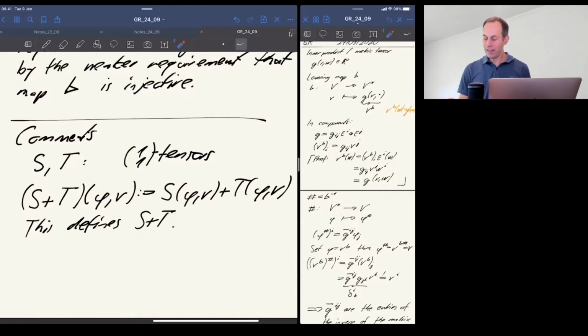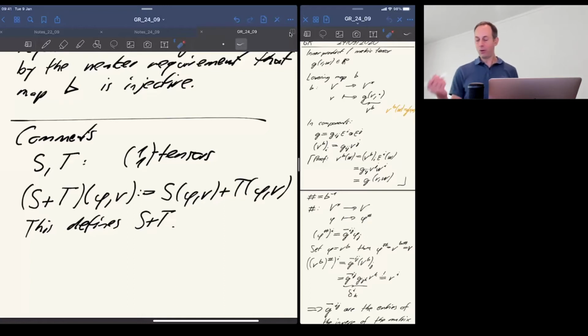Then I couldn't write this thing on the right-hand side because I would have arguments for S, the phi and the v, but if T is a 0-2 tensor, it takes two vectors as inputs. So I don't have this vector. I could somehow define this, say, okay, let's take a third argument, W, and put V and W into T.